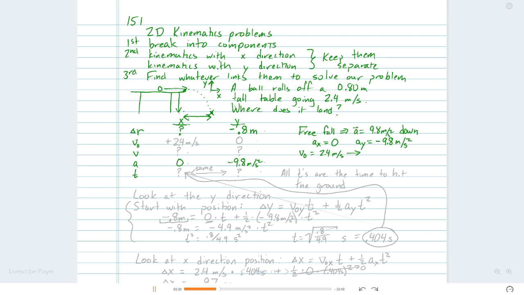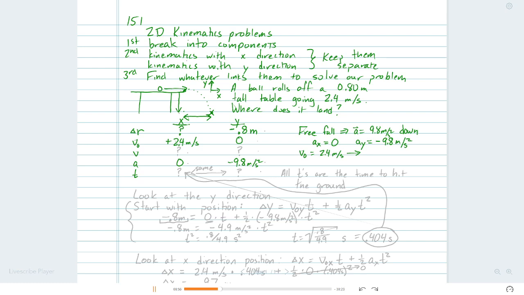So, how much of that is down? None of it's down. So we're going to put in the 0 for v naught in the y direction. All of that is in the x direction, and it's all in the positive x direction. So I'll put in positive 2.4 meters per second in the x direction.